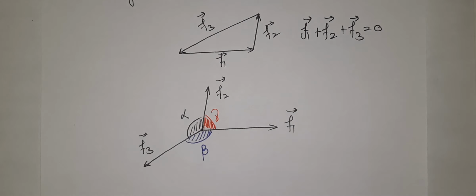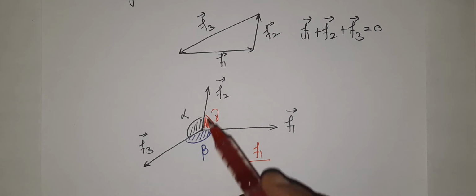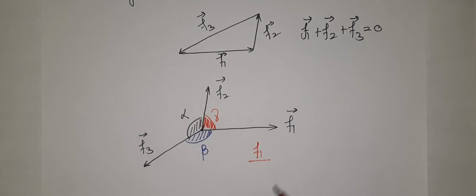Then these three forces have a specific relation amongst them, given by Lami's theorem, as I already told you. The magnitude of the first force divided by the sine of the angle between the other two forces, F2 and F3, that is sine of alpha, is equal to the magnitude of the second force divided by the sine of the angle between F1 and F3, sine of beta, which is equal to the third force F3 divided by the sine of the angle between F1 and F2, sine of gamma.